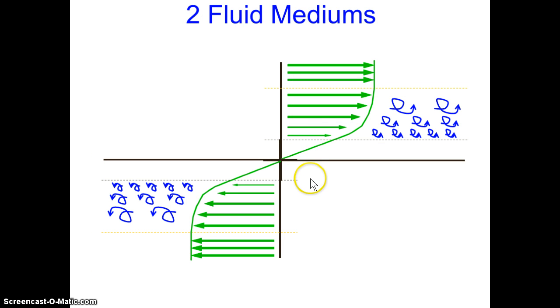But we can also have it with two fluid mediums, right? We talked about wind going over the water. We talked about possibly two mediums going in opposite directions. And what that does is set up turbulence in one direction on one side, turbulence in one direction on the other side, and we get mixing.